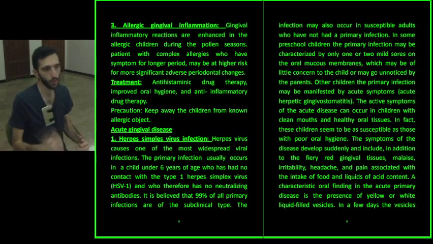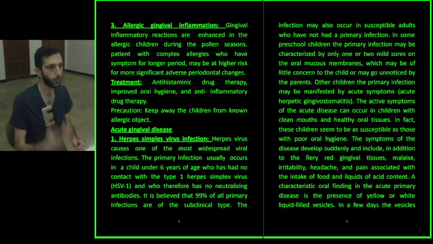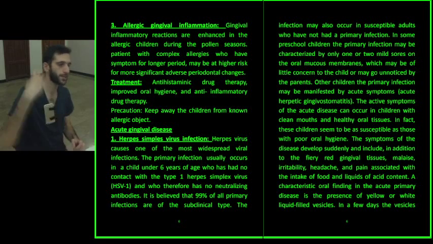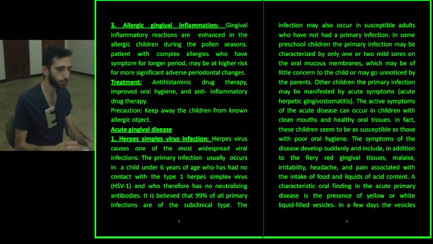The symptoms of the disease develop suddenly and include, in addition to the fiery red gingival tissues, malaise, irritability, headache, and pain associated with the intake of food and liquids of acid content. A characteristic oral finding in the acute primary disease is the presence of yellow or white liquid-filled vesicles.